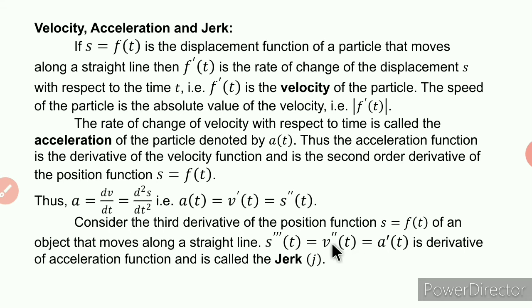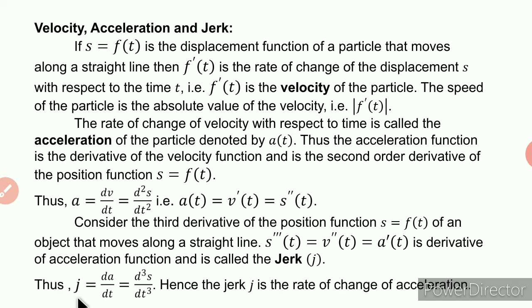Double derivative of velocity means third order derivative of displacement, means s triple dash of t. And if we take the third order derivative of displacement, then we get the jerk, and it is denoted by j, small letter j. Thus j is equal to da upon dt, it is equal to d3s by dt cube. Hence the jerk j is the rate of change of acceleration.